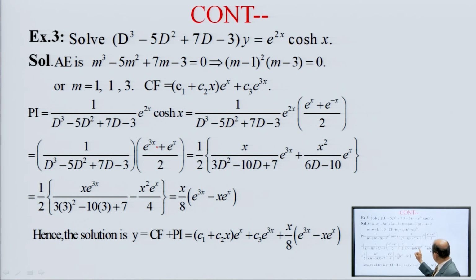If we put D = m, the denominator vanishes, so we multiply by x and differentiate the denominator with respect to D, which gives 3D² − 10D + 7.